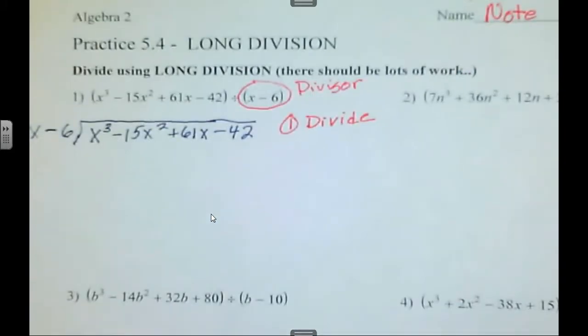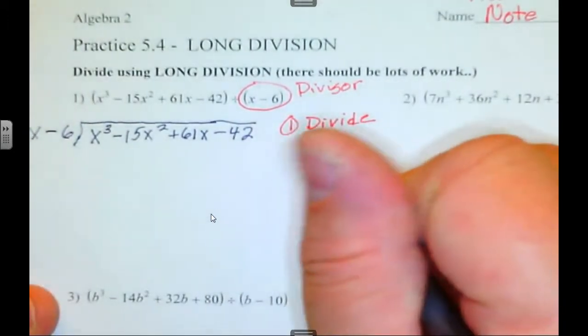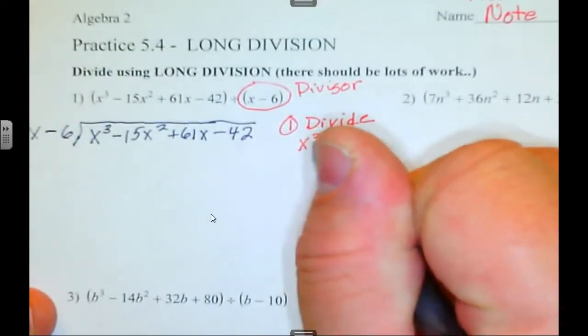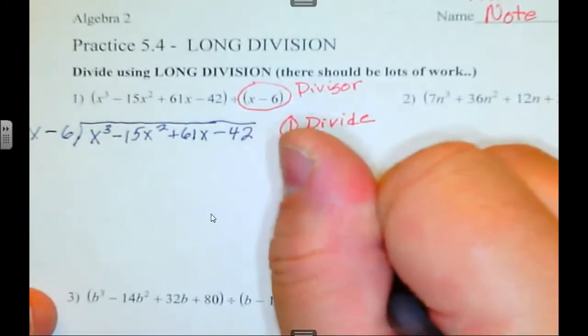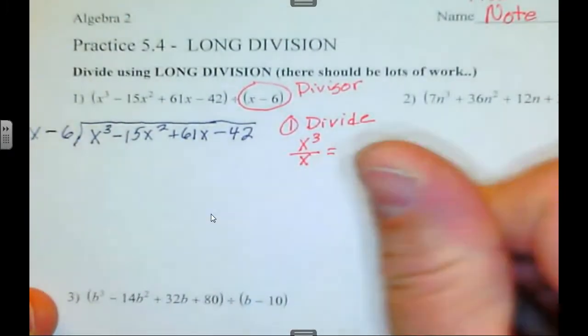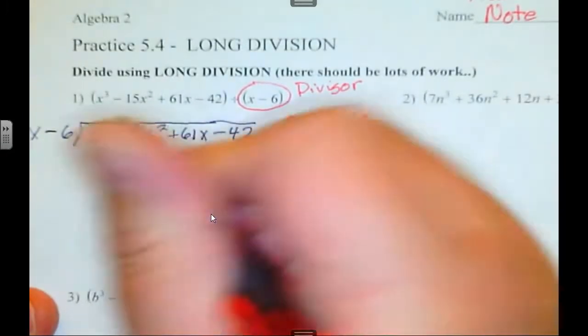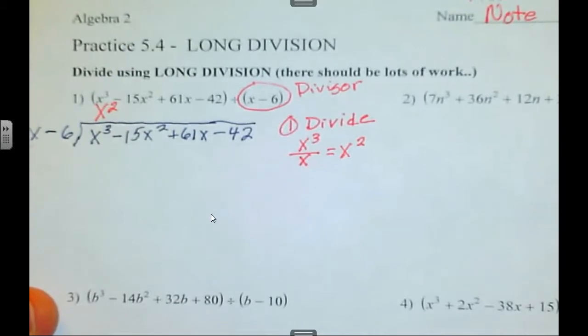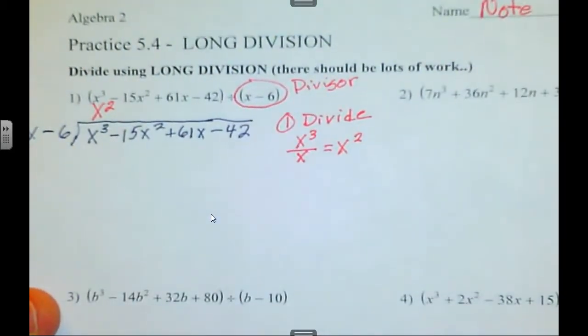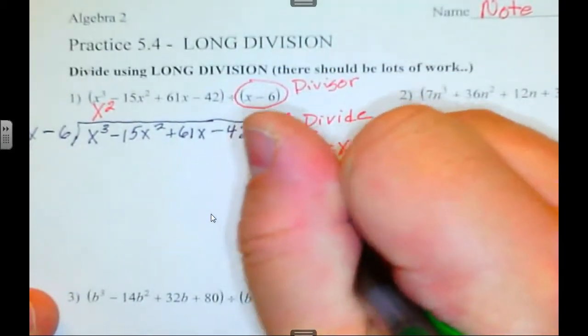That's possible, but like. Okay, step 1, divide, right? So I take x cubed divided by x. It's going to equal x squared. Goes up on top. Second step, multiply.